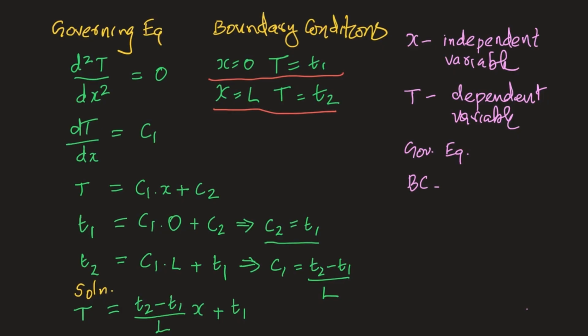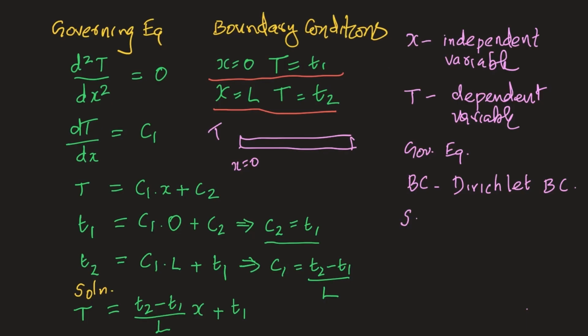Here what we specify is the value of the dependent variable T at some value of the independent variable, say x equal to 0. This type of boundary conditions where you specify the value of the dependent variable are known as Dirichlet boundary conditions.